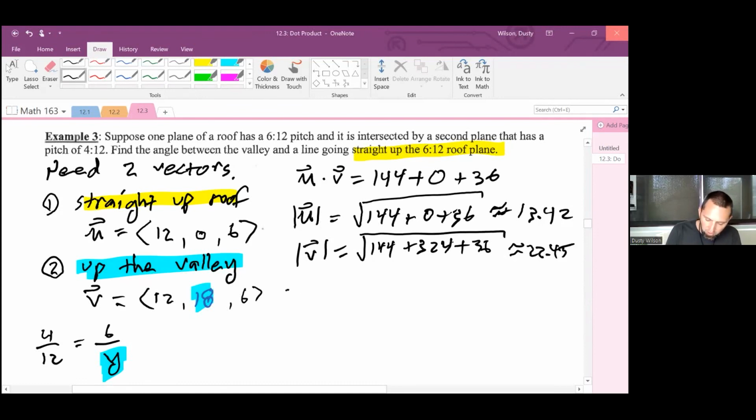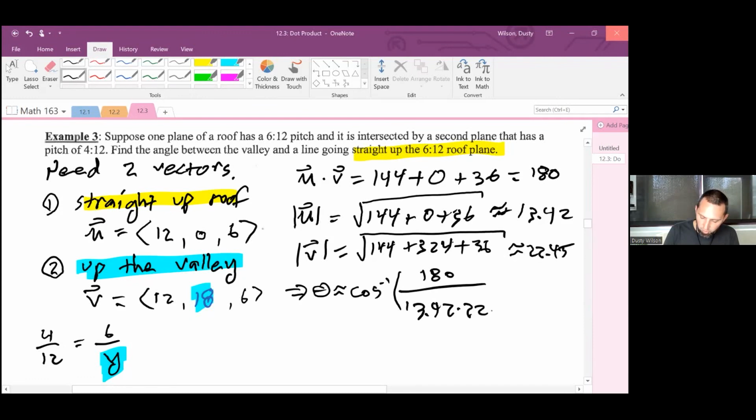So the angle that we're looking for is approximately equal to the arc cosine of that dot product, which I guess is 180, divided by 13.42 times 22.45.